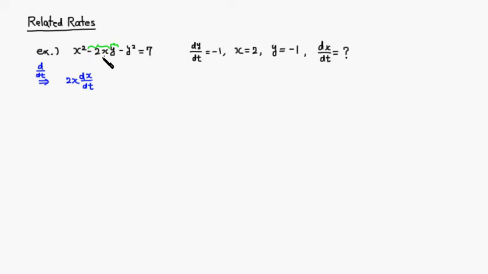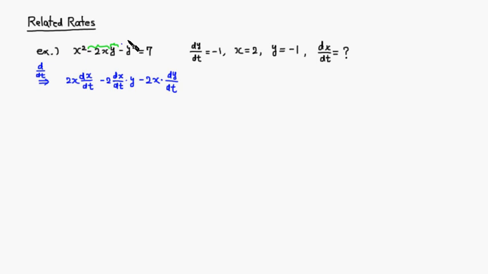Derivative of the first guy would be -2, but you have to multiply by dx over dt, and multiply by the second, which is y, plus -2x, so leave the first guy alone, multiply by derivative of the second guy, so dy over dt. So this is just a product rule.